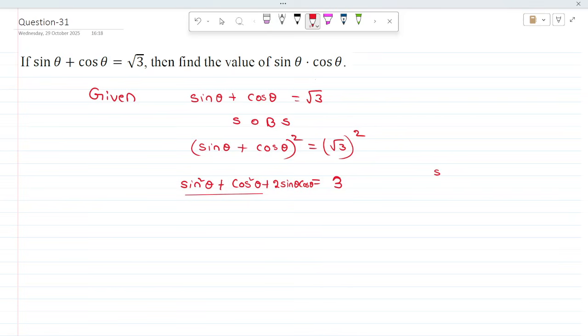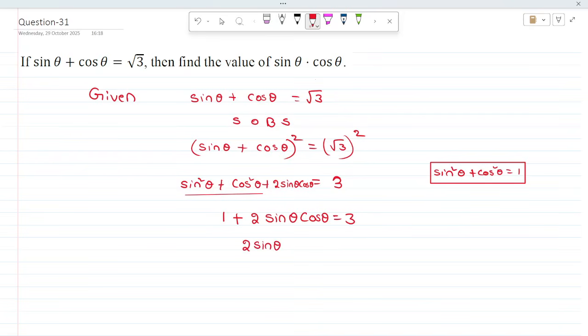What is this sin square theta plus cos square theta value? From the identity, sin square theta plus cos square theta equals 1. So substitute that: 1 plus 2 sin theta cos theta equals 3. Send 1 to the other side. 2 sin theta cos theta is equal to 3 minus 1, which is 2.